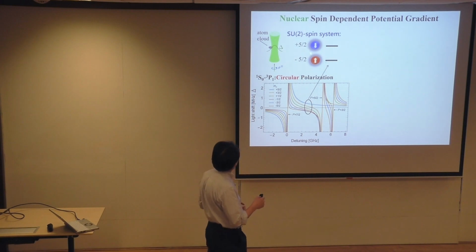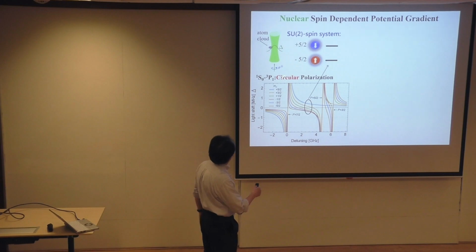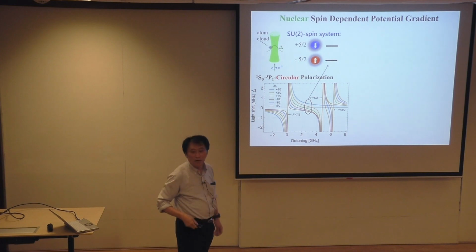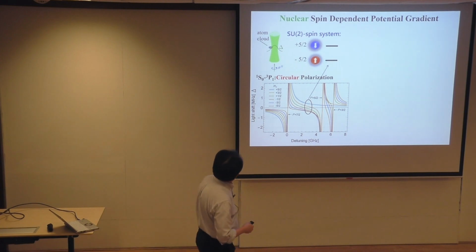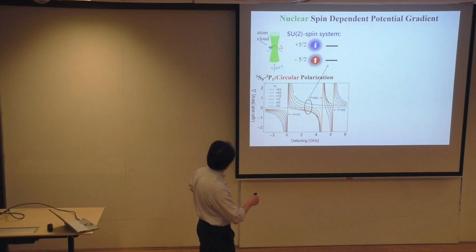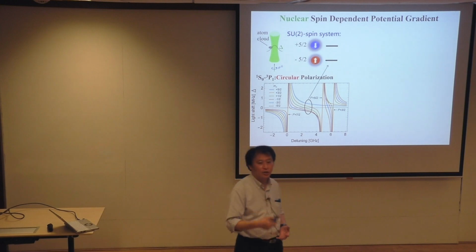For the SU(2) system, we apply a circularly polarized laser beam with an intensity gradient like this, and the energy spectrum becomes like this as a result of the AC Stark shift.